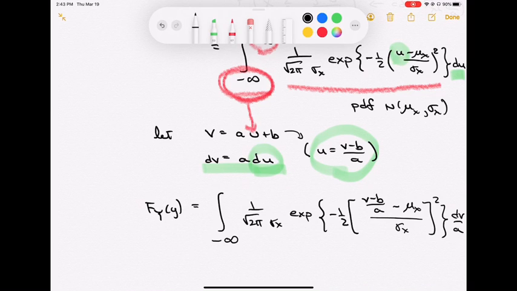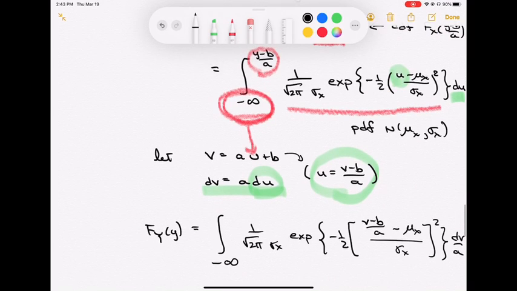If I look at the upper limit that I had in there, upper limit was u equaling (y minus b) by a, and I would like to take that particular guy and again solve for what's the corresponding value of v in there. So go ahead and plug that particular guy in there as well. I'm going to have a times the quantity (y minus b) by a. The a's will cancel. I'm left with a y minus b, and then I'm adding b to it, and so I'm left with just y.